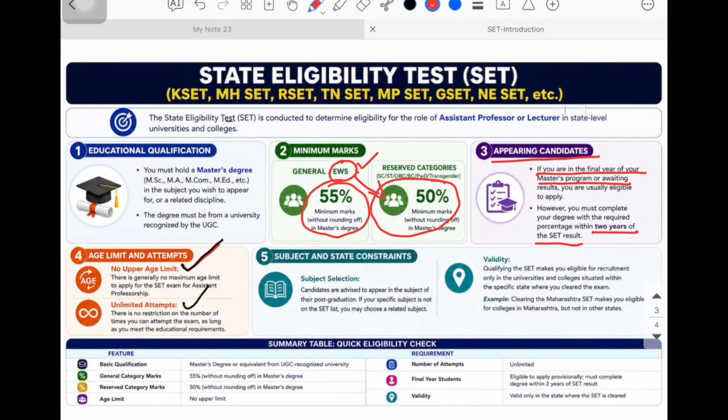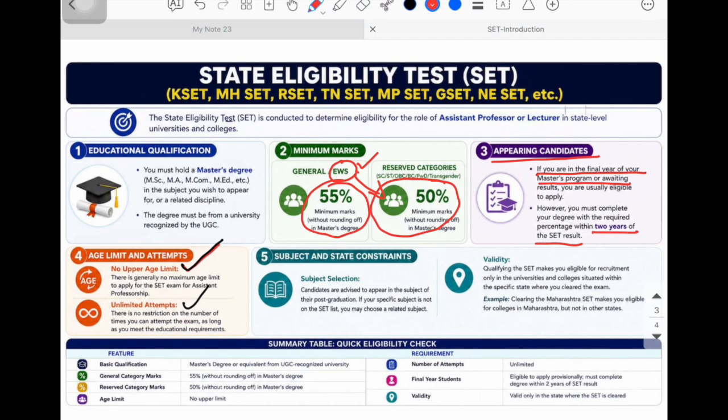Imagine in almost all states except Kerala, if you crack the state eligibility test, in some states they directly take candidates from the merit list, meaning from the top ranks they directly take candidates for assistant professor or lecturer in that particular state.